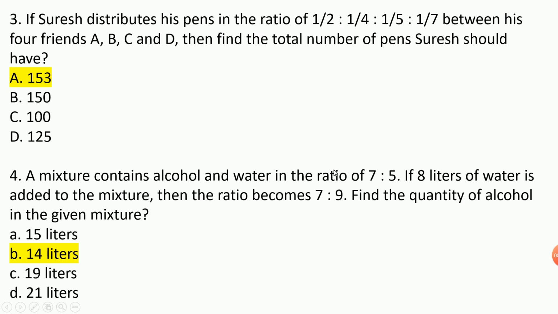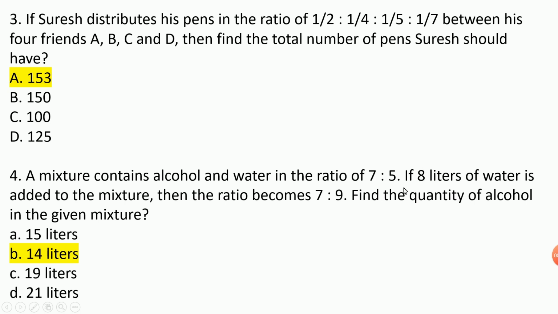First, find out the total ratio. One thing is 7 and another is 5, so the total ratio is 12. After adding, the total ratio is 16.